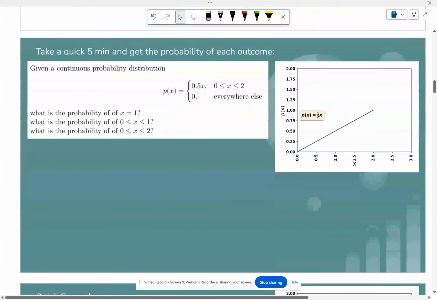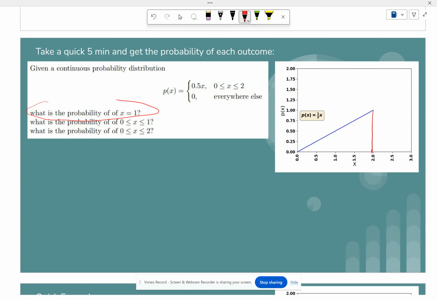Well, let's do a really quick calculation. Why don't you pause the video? What is the probability of x equal to 1? Try to take the integral for this. So x equals 1, you will need the integral from 1 to 1, 0.5x dx. And the other one is, what is the probability from 0 to 1?